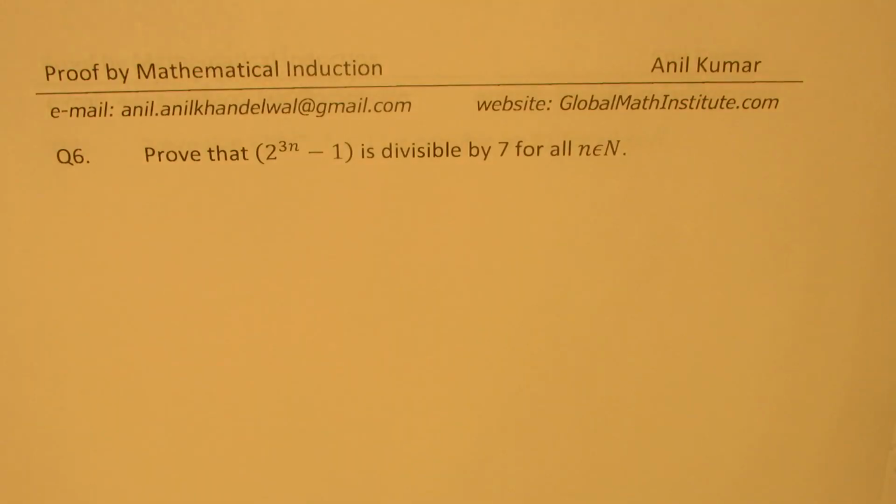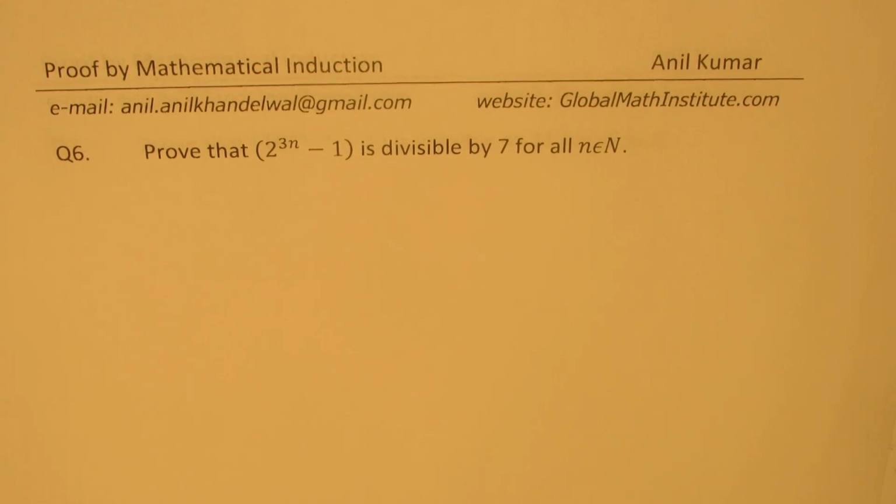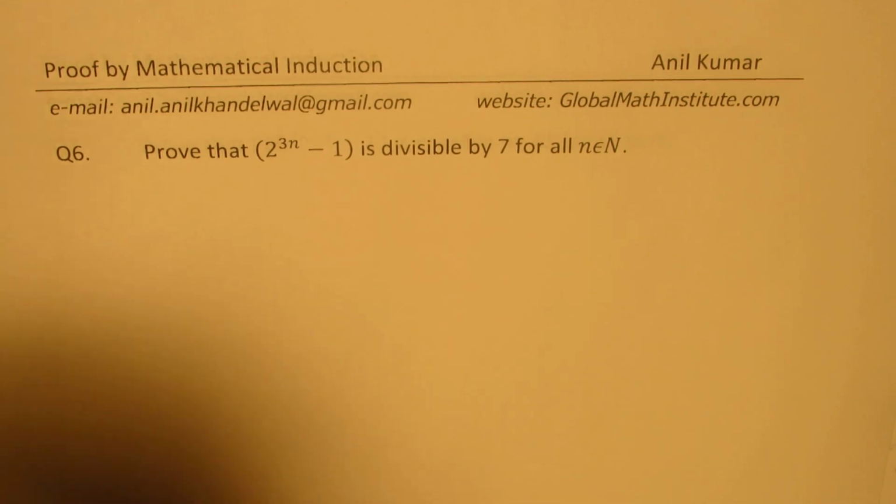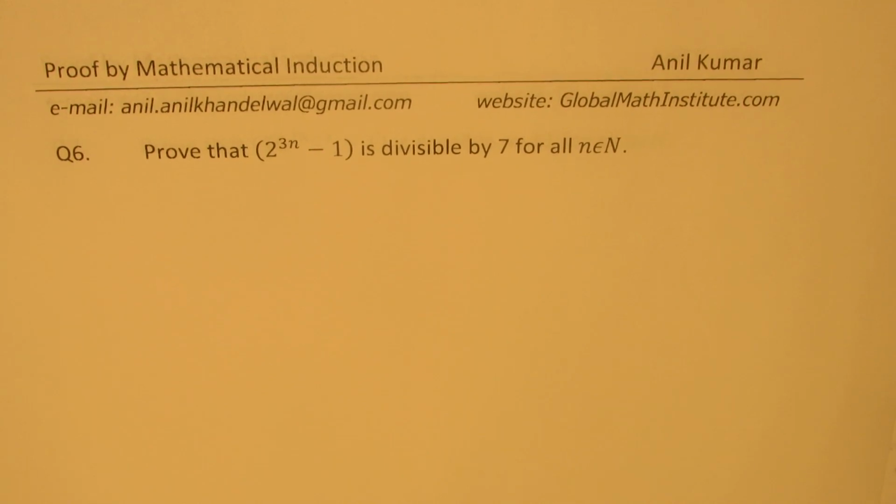Let's take the next question, which is question number 6. Now we need to show that 2 to the power of 3n minus 1 is divisible by 7, right? So we have learned many strategies. I'd like you to pause the video and adopt one of those to prove.